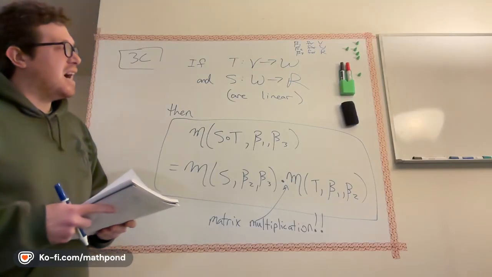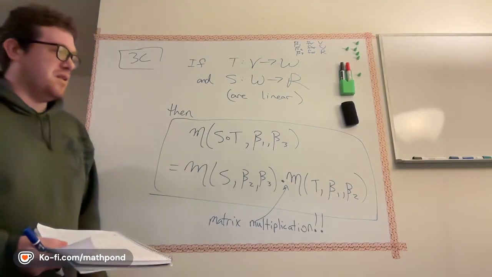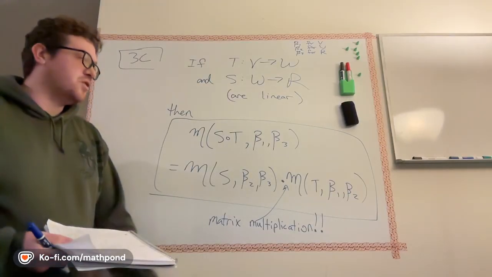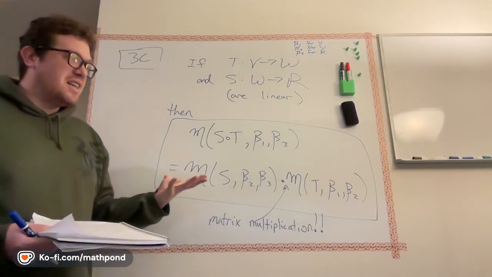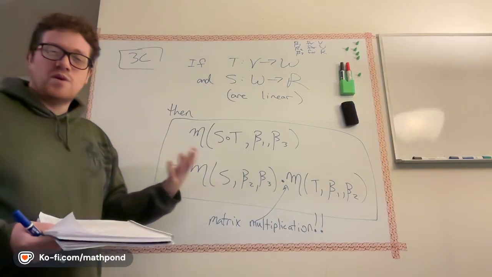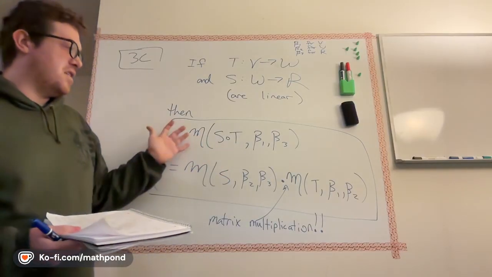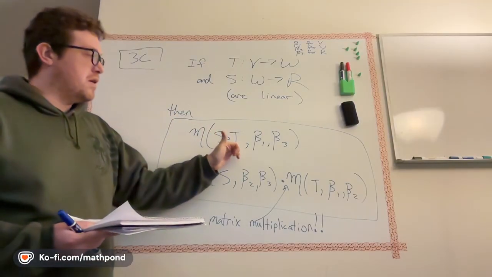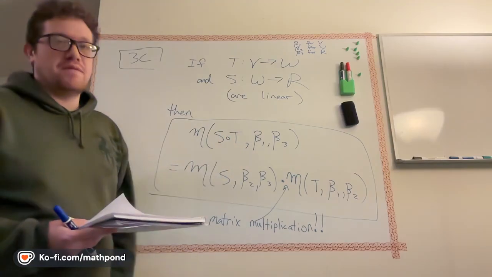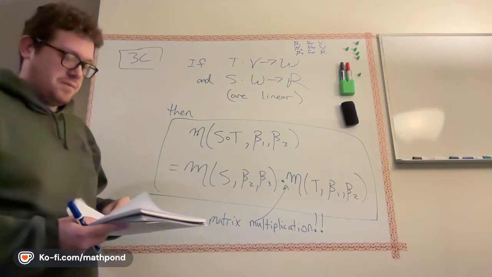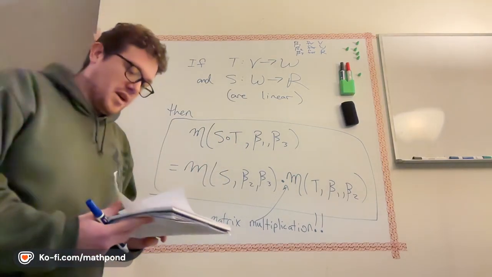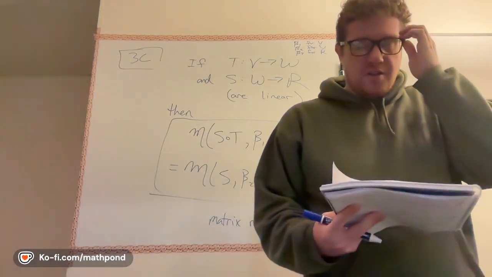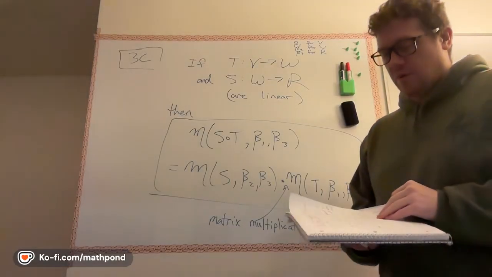I think this idea is probably more important than the actual computational definition itself, because you can always write down any computational definition, but if you don't understand what the point of it is, right? So the point here is that matrix multiplication is actually doing the work for you of computing the matrix of the composition of the two linear maps. Okay, so I'll go into a little bit more computational stuff on Wednesday when we do the exercises.